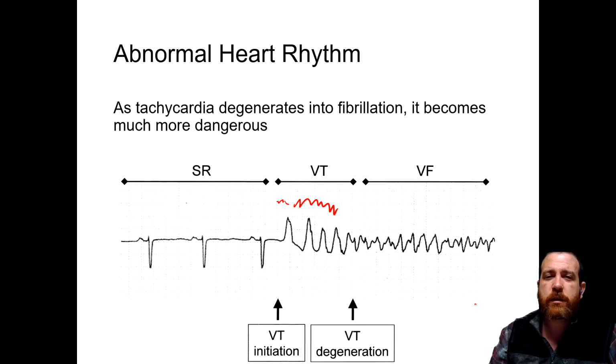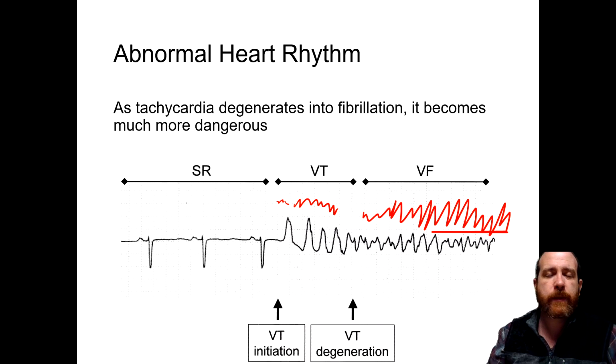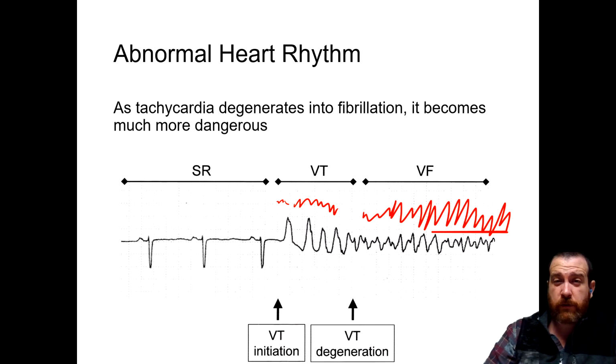It's causing ventricular tachycardia. And then eventually it degrades to the point that there's nothing that looks like any regular beat at all. This is just a fibrillation, right? We degenerate into fibrillation, which is a really, really big problem, because we're not pushing blood out of the heart.